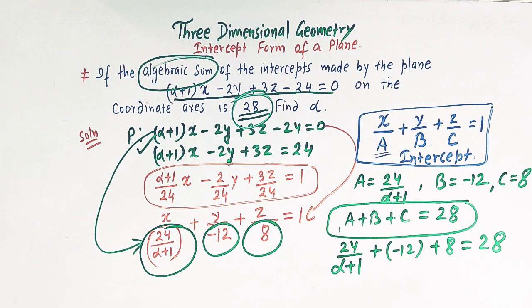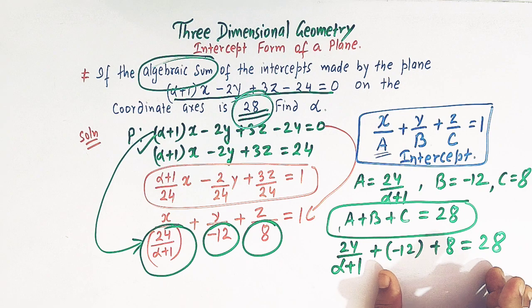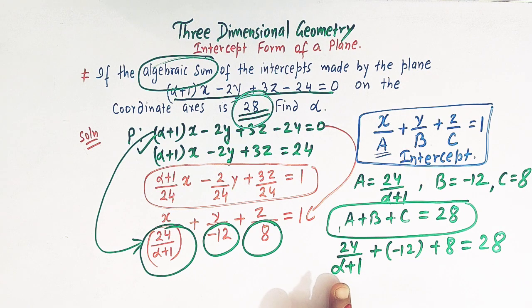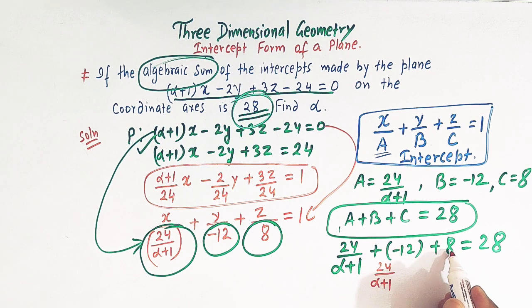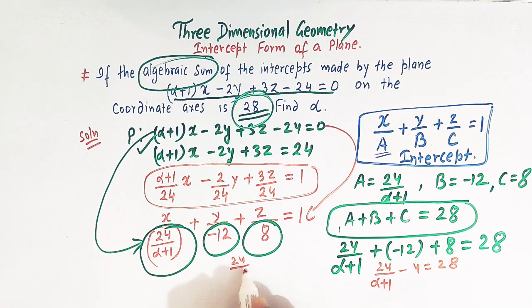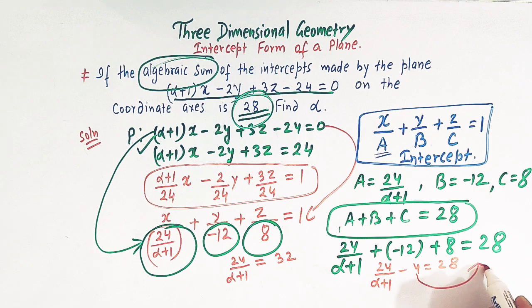So here we have an equation in alpha. We have 24 over alpha plus 1 minus 12 plus 8 is minus 4, and here we have 28. So 24 over alpha plus 1 is equal to 32, because taking this minus 4 to this side, we have 28 plus 4, that is 32.